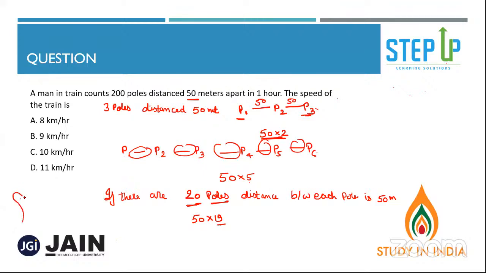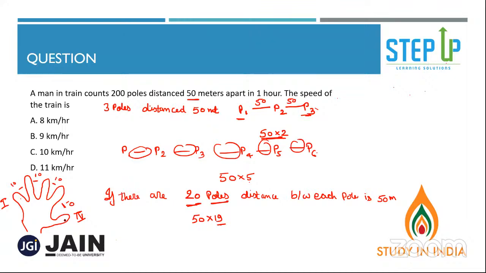So it is like this. Let's say these are poles. The distance between poles is 10 meter. So what is the distance between the first pole and fifth pole? It will be 40: 1, 2, 3, 4.